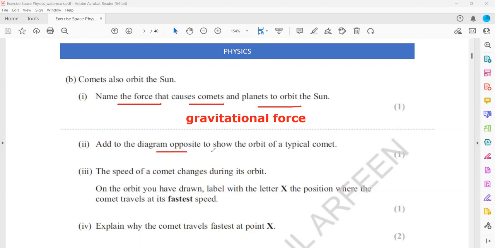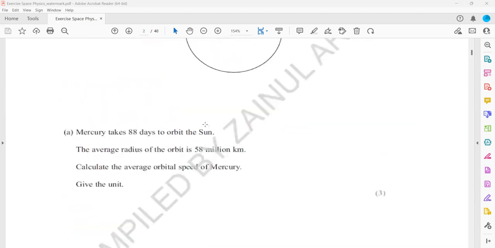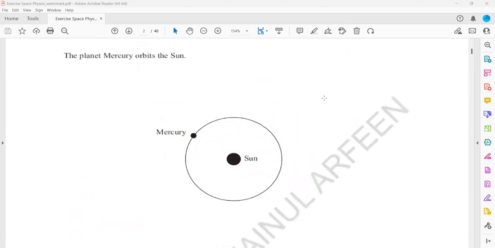Add to a diagram to show the orbit of a typical comet, like this diagram. This is a continuation of the question. On this diagram, use the screen annotation to add the orbit of the comet. Keep one thing in mind: you will make an ellipse, and the sun should be nearer to one side than the other.